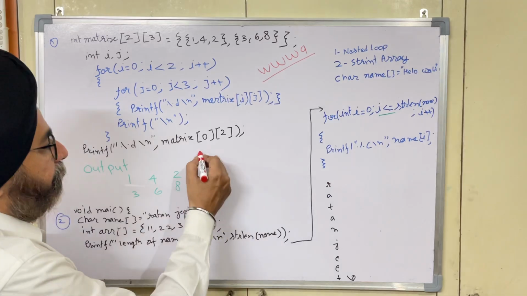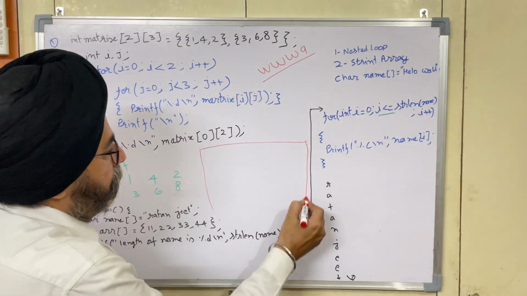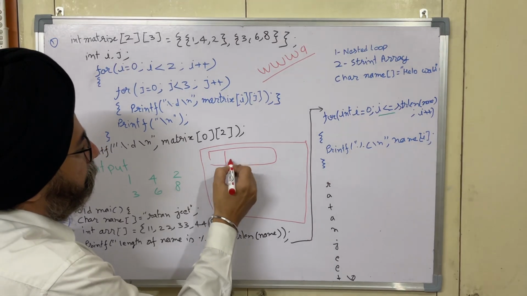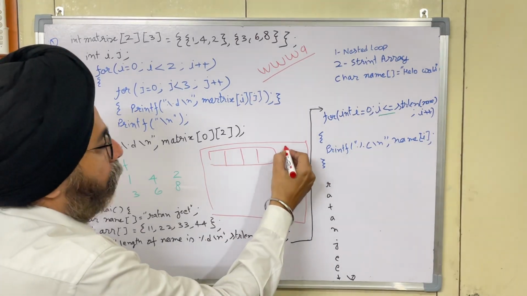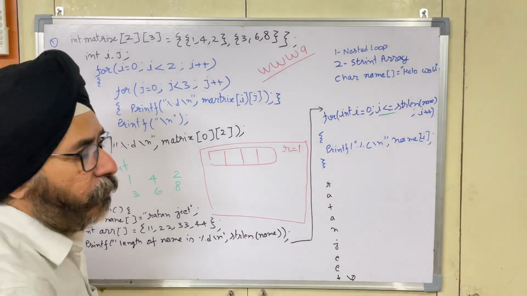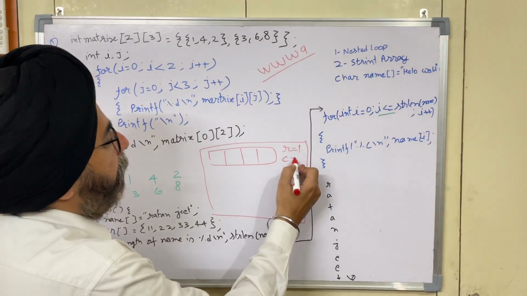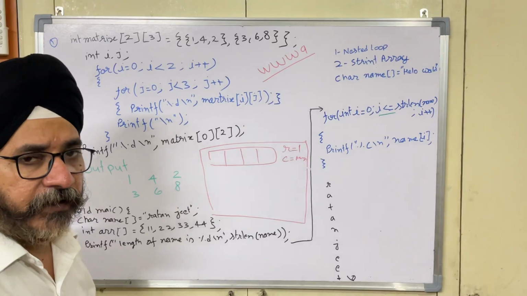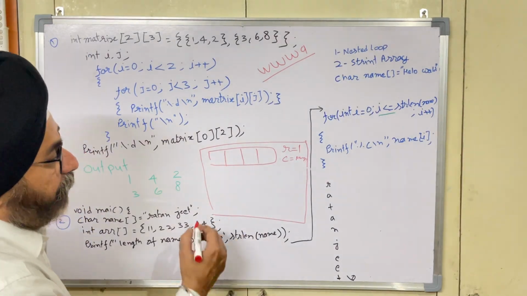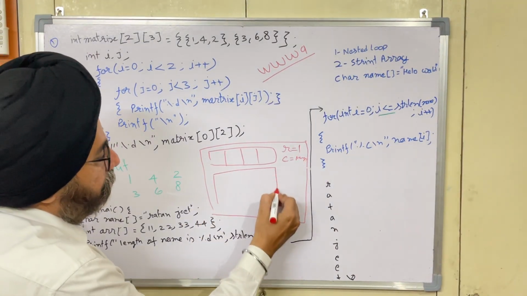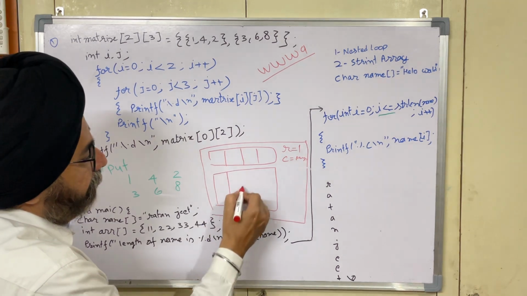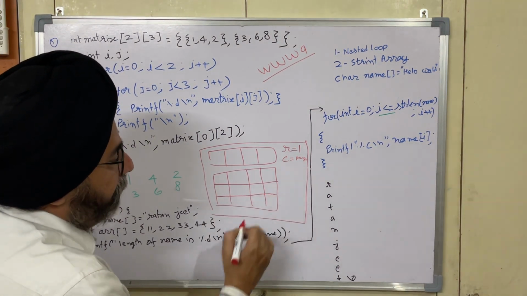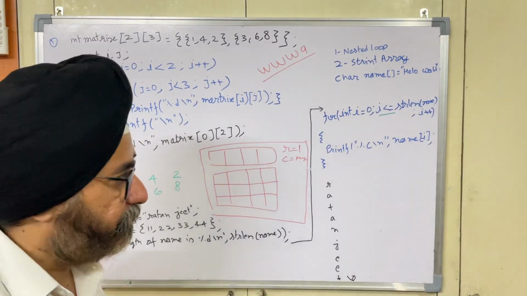As we know, in a single dimension array we have only one row and many columns. And if we are talking about multiple dimensions, then we have many columns as well as many rows.